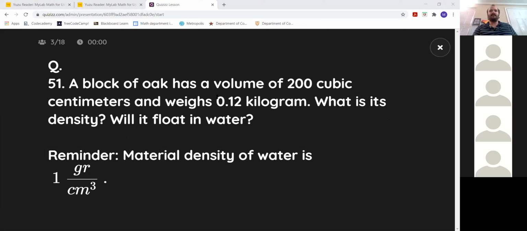They're giving us kilograms and cubic centimeters. We want to put this in grams per cubic centimeter. So we are going to divide this by this, but we have to convert this before we do that division. Wait, so how do we know if it'll float or not? That'll be the next question, and I will talk about that in just a second.